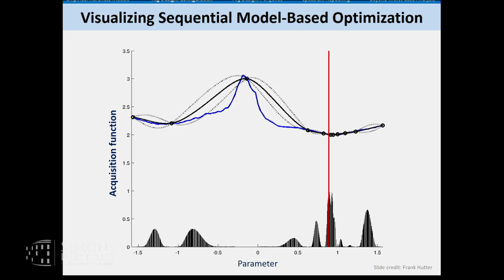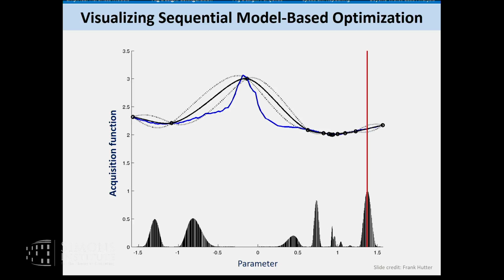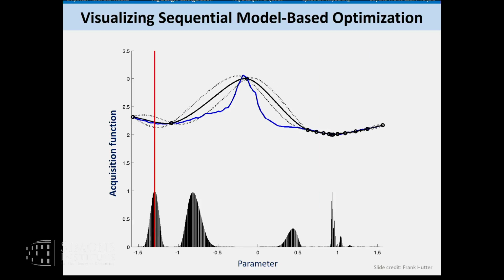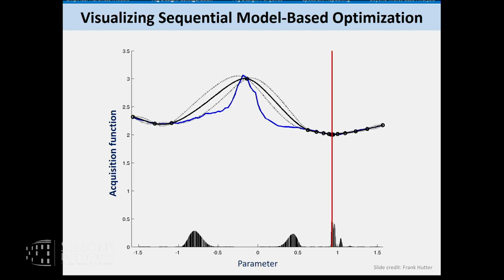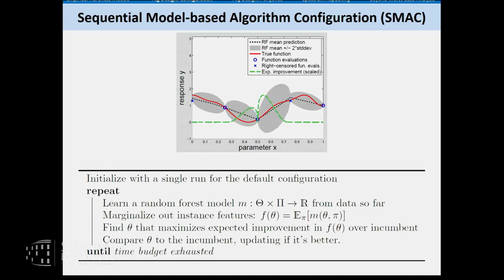But broadly speaking, this is called Bayesian optimization because we have a posterior belief over how good my algorithm is, everywhere in the parameter space, including points that I haven't observed. And then we reason about that distribution to decide how to solve this active learning problem of where to go next. The algorithm that we've actually proposed in our group is called sequential model-based algorithm configuration.